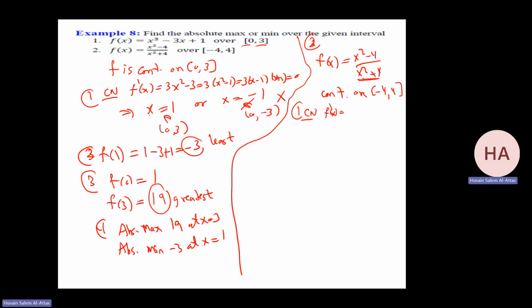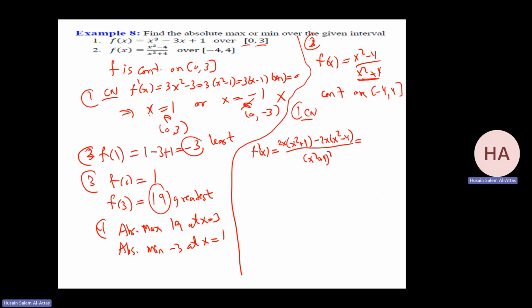What will be f prime? It needs some calculation. Let me do it here, it needs a space. F prime will be 2x times the denominator minus 2x times the numerator over this square. That equals 2x cubed minus 2x cubed is gone.